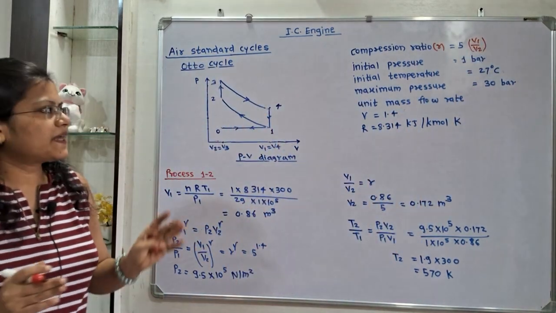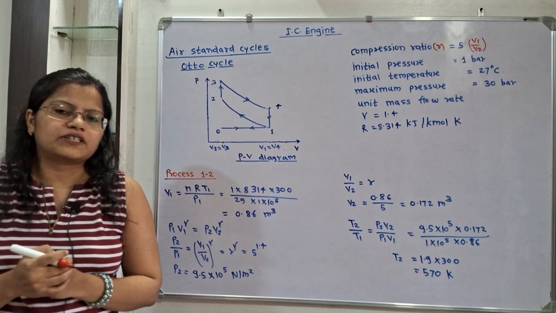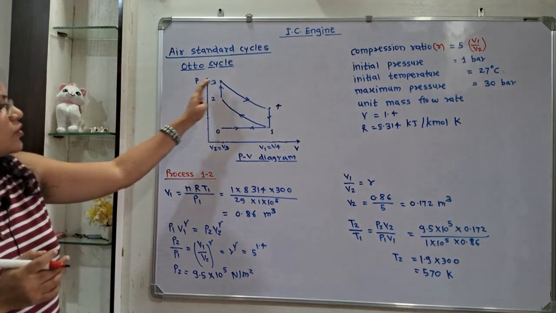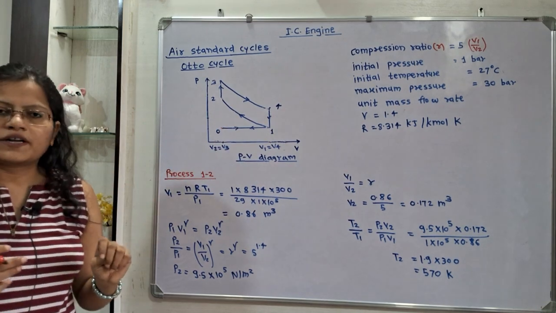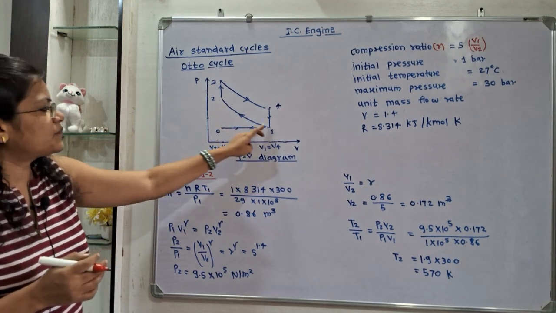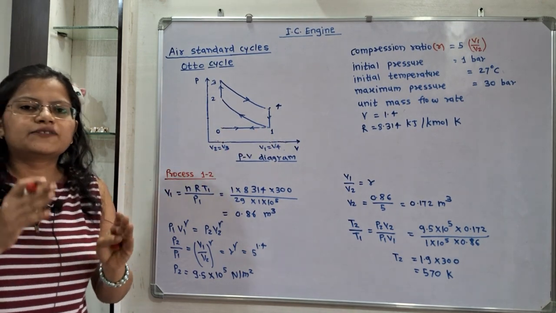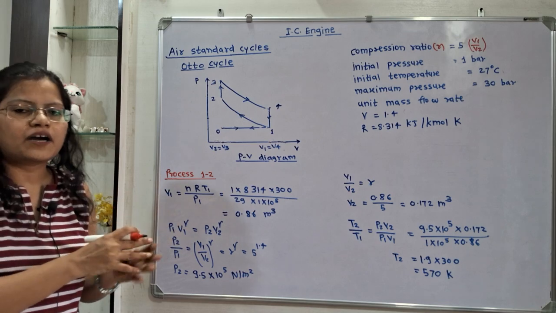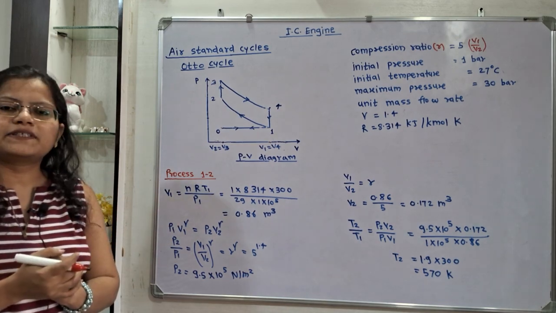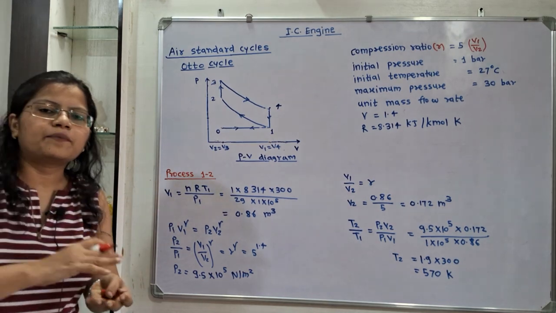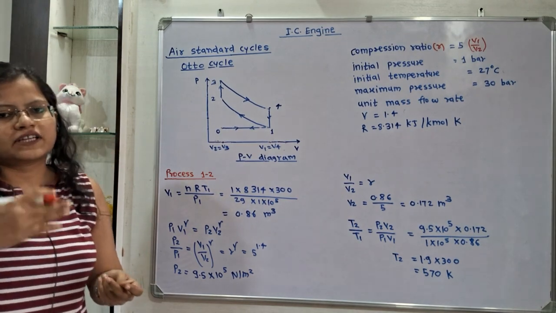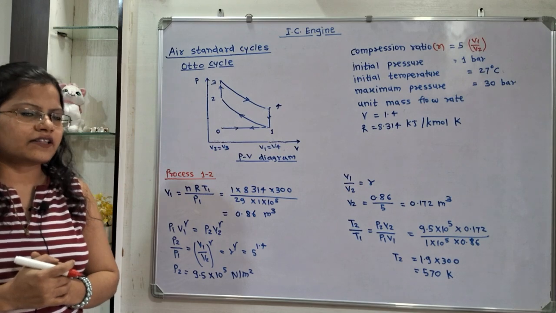Then initial pressure and initial temperature are given. This process starts at point 1, and this is the compression process 1 to 2. Suction and exhaust is where the medium is taken inside the piston cylinder arrangement and exhausted outside the piston cylinder arrangement.